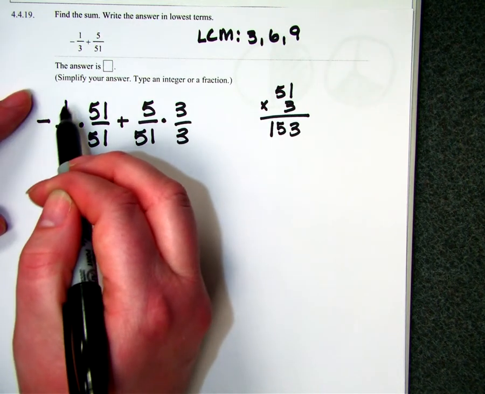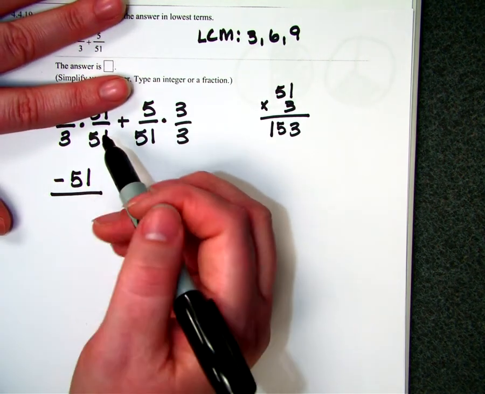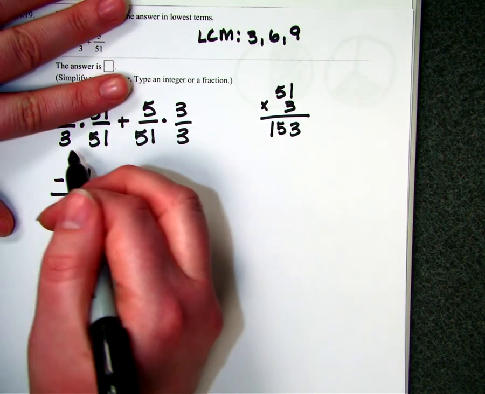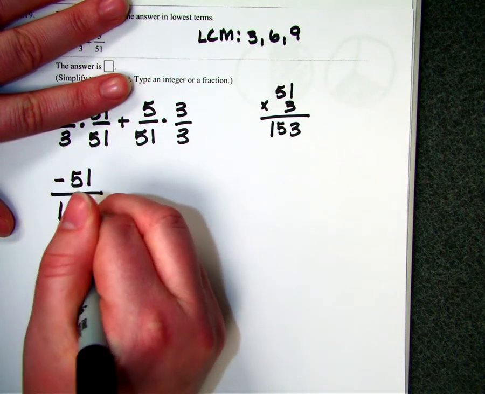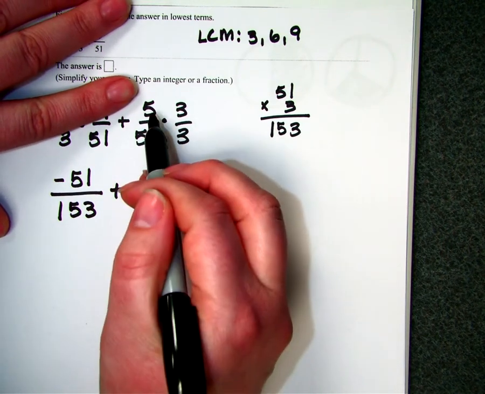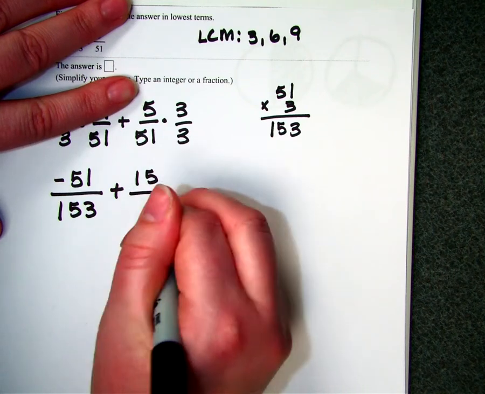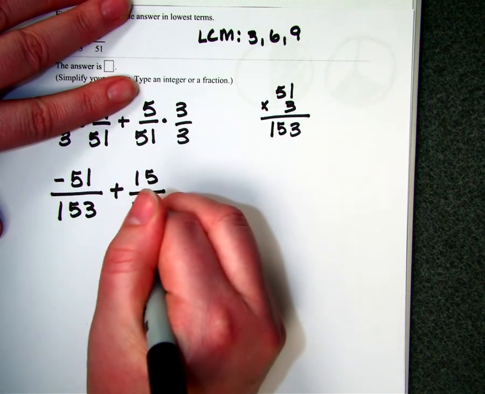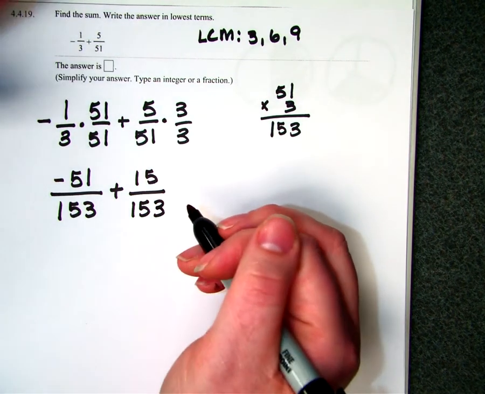So I've already used it up here with the 1 times 51. So the negative sign's taken care of for the multiplication at least. Now I just do the bottom. 3 times 51, which is 153, plus, and then my second set of fractions, 5 times 3 is 15, times 3 times 51, which I know is 153.